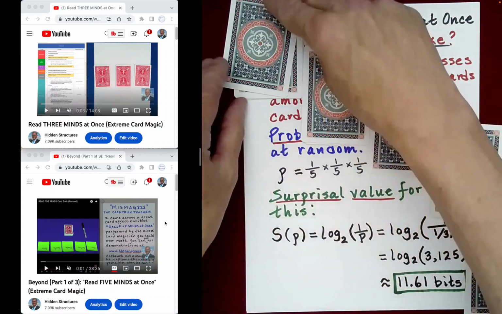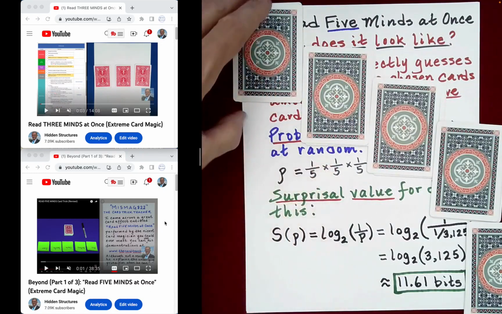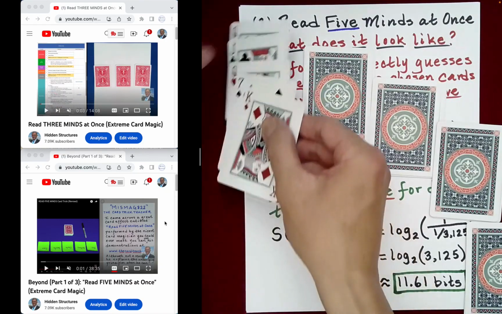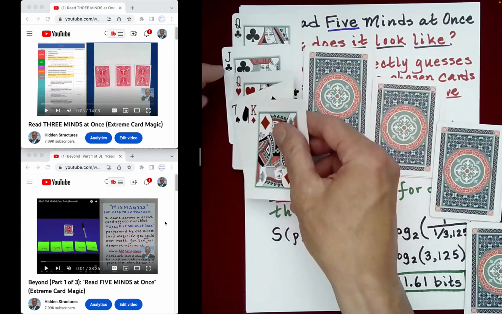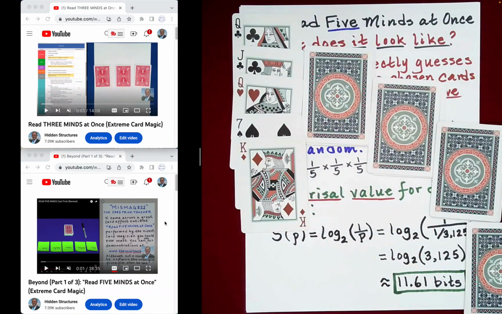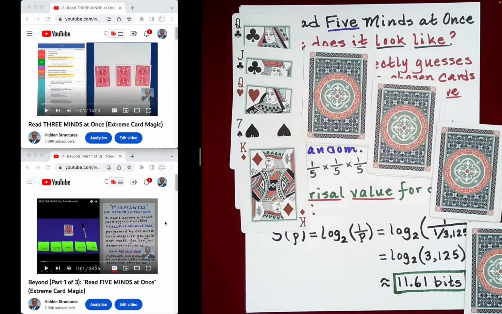Okay, so what would be done once again is this pile, the identities of the cards would be shown, and the spectator writes on a piece of paper, preferably. Now, what is nice is if you happen to have 5 spectators or more, you can assign 1 pile to 1 spectator. And so that way they only have 1 card to remember.